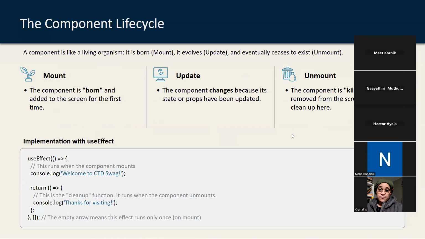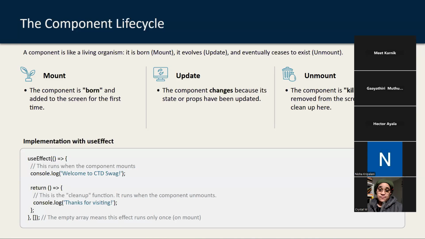So one thing to understand about React components is it is like a living organism. It is born, it evolves, and eventually it will cease to exist. These three stages can be translated to the mount stage, where the component is born and added to the screen for the first time.